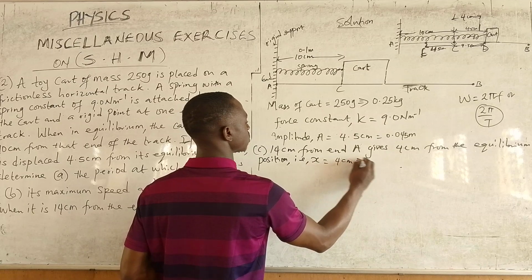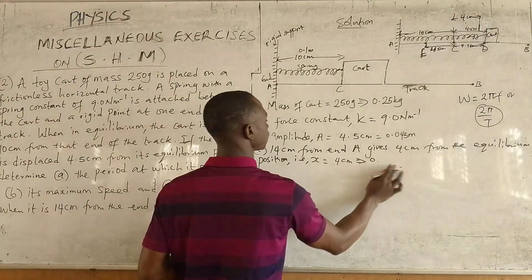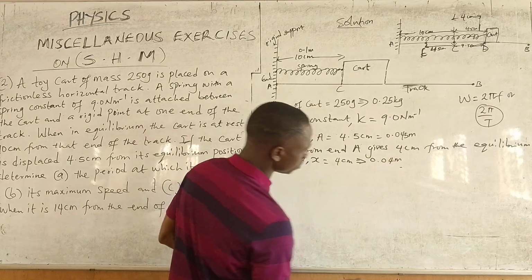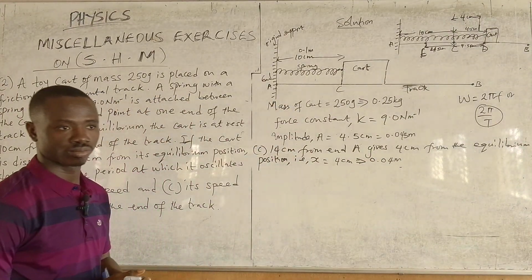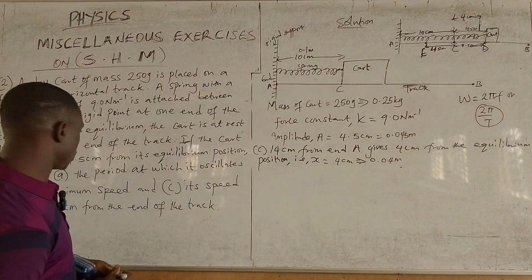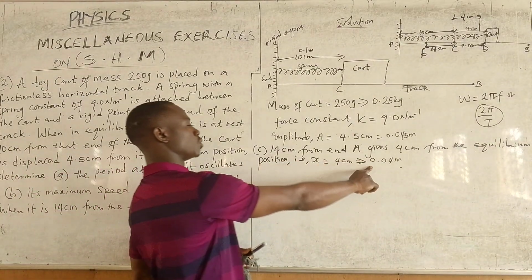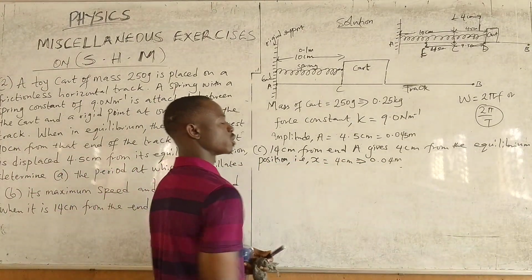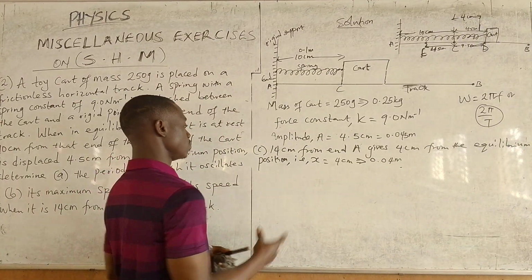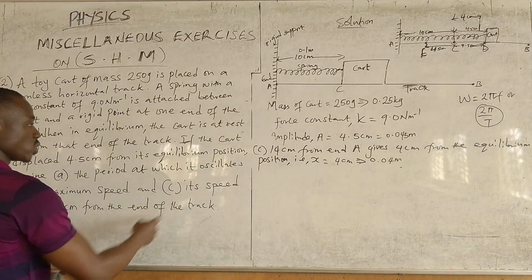And 4 centimeter is what? 0.04 meter. Okay? So we are asked to calculate the speed when we have a displacement of 0.04 meter from the equilibrium position. That is the interpretation of this question.